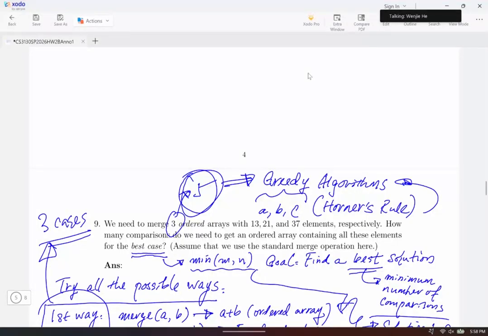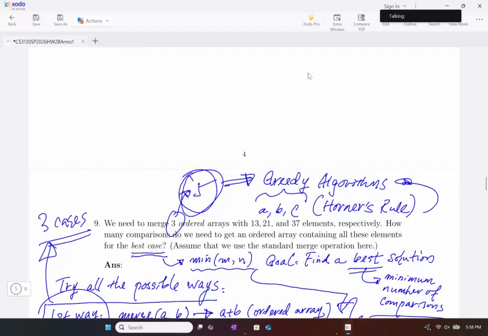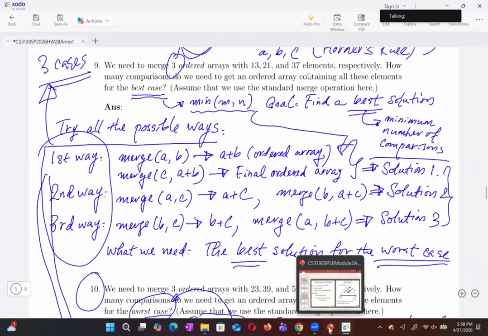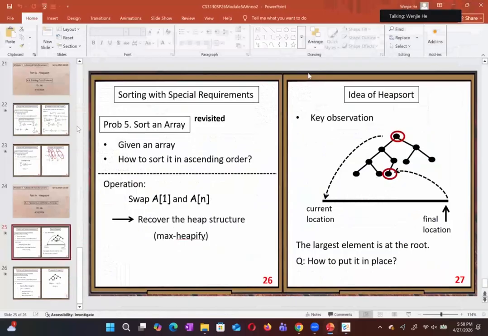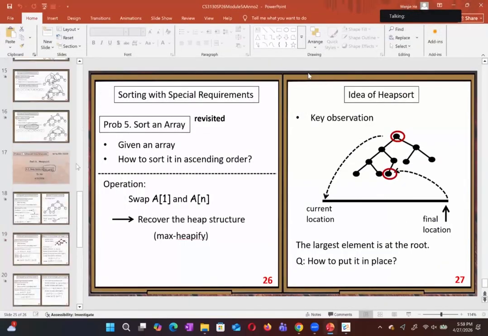Next, I need to switch to the last part of heap sort. So we have 3 topics.